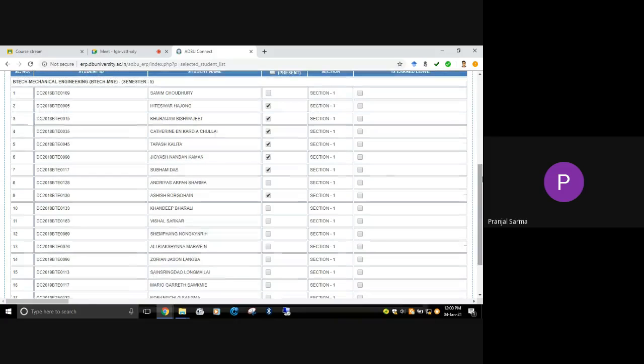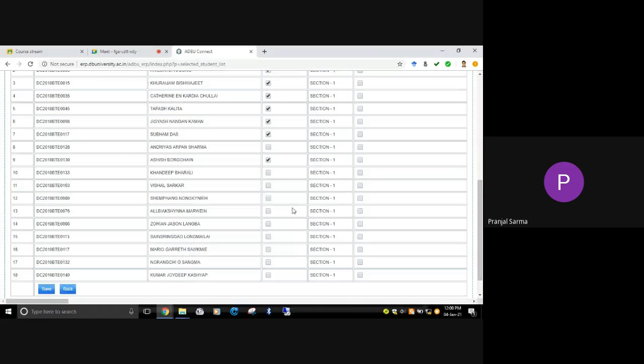Khandeep, unfortunately, his father passed away. Actually, he informed me. Vishal, present, sir. Samfang, present, sir. Albaxina, Chodian, present. Sendringdao, present, sir. Aryo, present, sir. Norangsi, present, sir. And Jaideep. Present, sir.